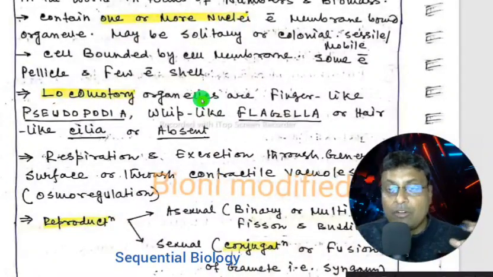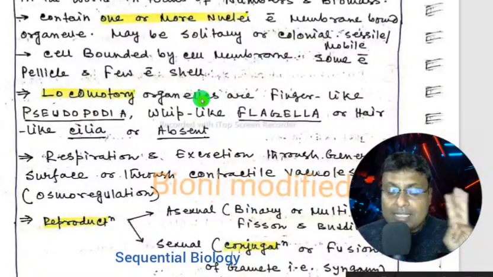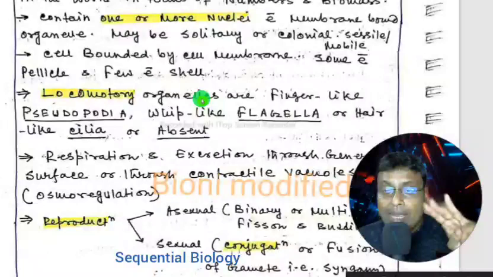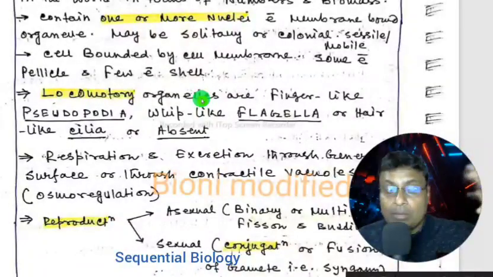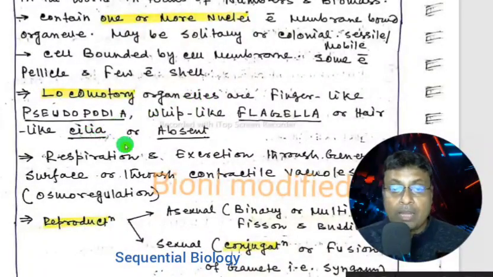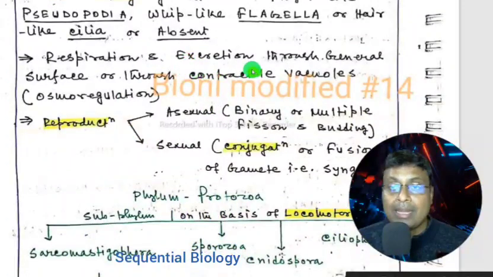And in some forms, locomotory organelles are absent. These locomotory organelles help the organism move from one place to another. Their respiration and excretion occur through the general body surface or through the contractile vacuole for osmoregulation.